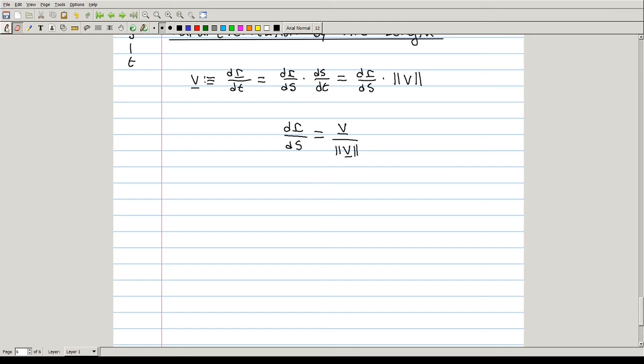And you'll remember that this is exactly how we defined the unit tangent vector. And we'll put a hat on it to note that it's a unit vector. So this is a very useful formula, and we'll see why in a little bit when we start talking about the acceleration.